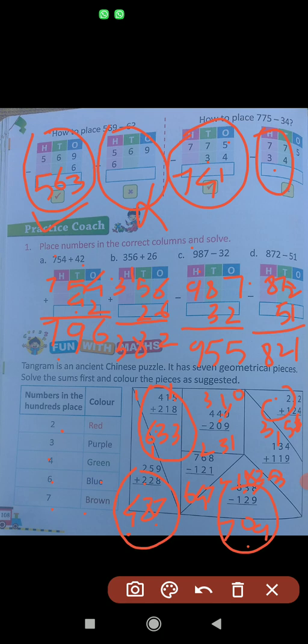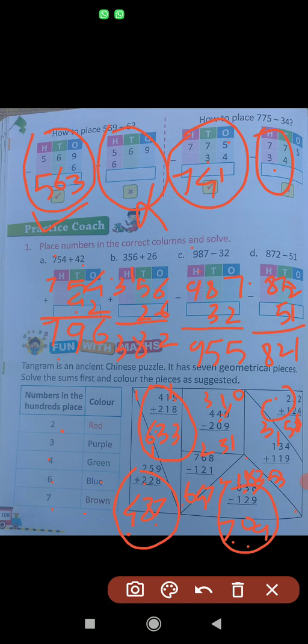See, 838 minus 129 is equal to 709. So color it with brown. Color the whole box with brown.